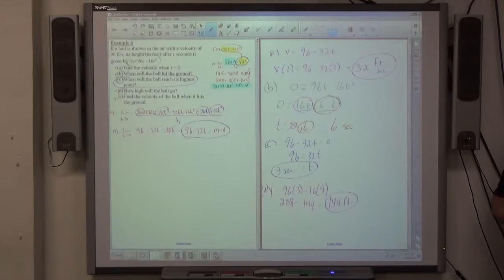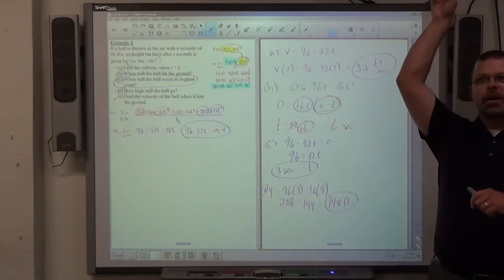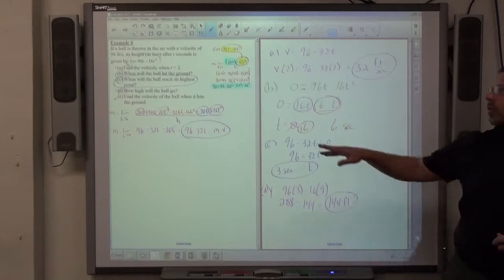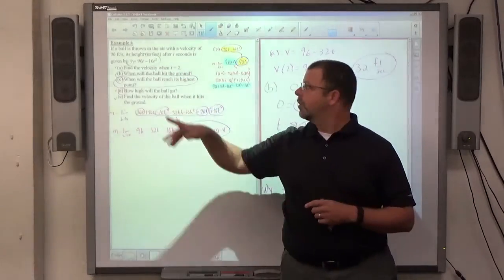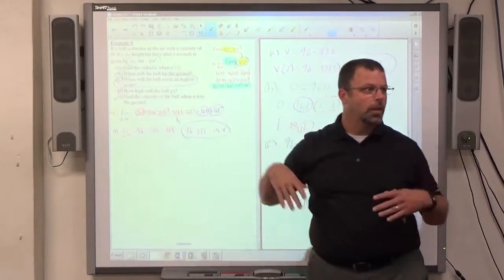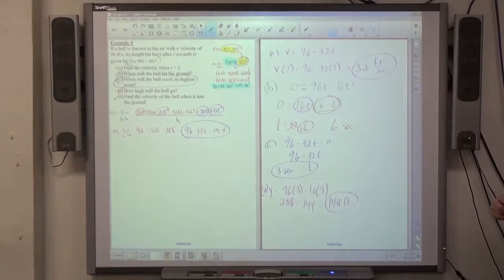Straight up though? Well, yeah, you might throw out your rotator cuff or something. But anyway, 65 miles an hour straight up, you should expect the ball to go about 144 feet, because negative 32 feet per second squared is the gravity of Earth, and you take half of that gravity in a position function. So that's where that's coming from. So 144 feet is how high the ball would go.